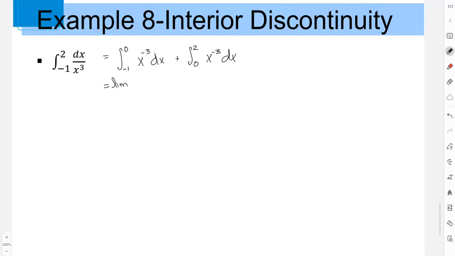So we're going to rewrite this in terms of limits. From thinking about that interval from negative 1 to 2, 0 is where we have the discontinuity. This number line will help me figure out, am I looking at the limit from the left or from the right? From negative 1 to 0, you can see how we're approaching 0 from the left.